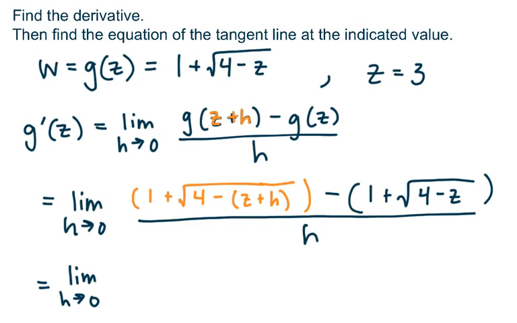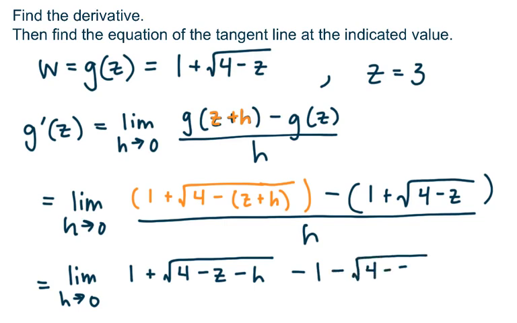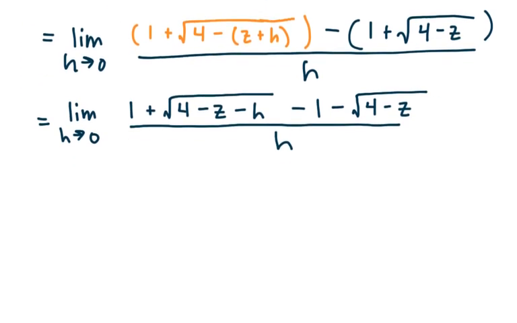In my numerator, I have 1 plus the square root of 4 minus z minus h minus 1 minus the square root of 4 minus z. So you want to make sure that that minus distributes to the plus sign in front of that, and this minus in front of the z plus h goes to that h as well. All of this is divided by h.